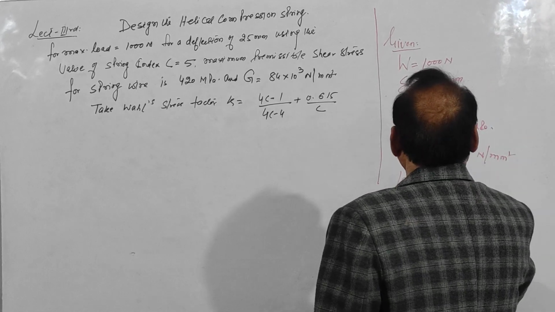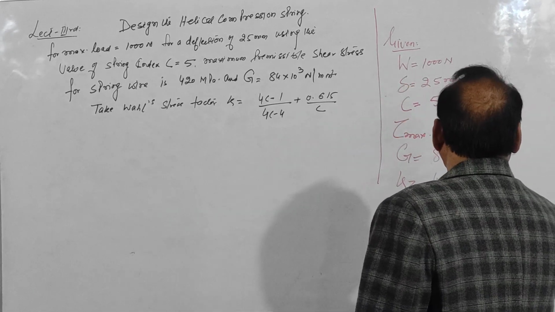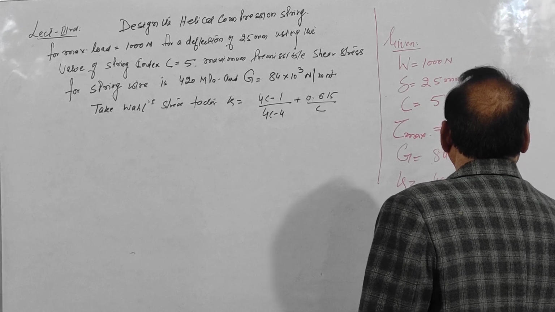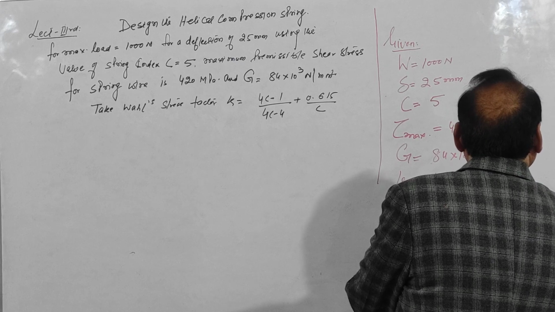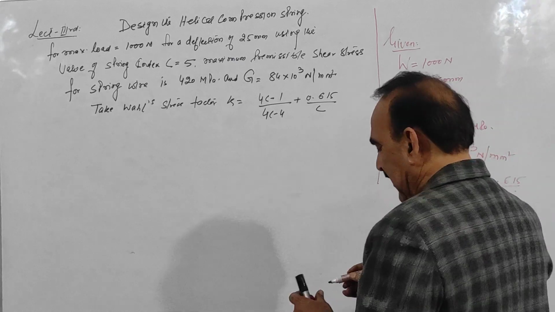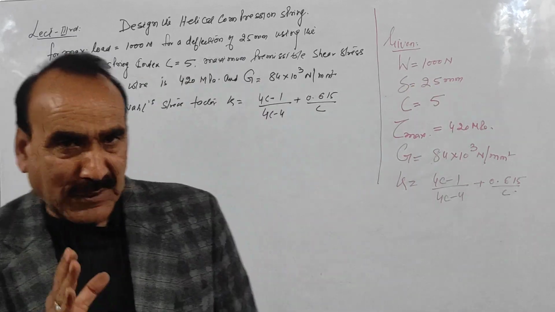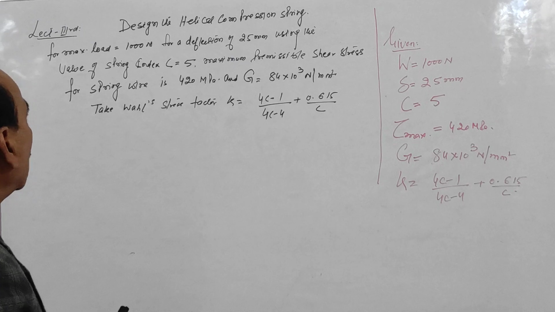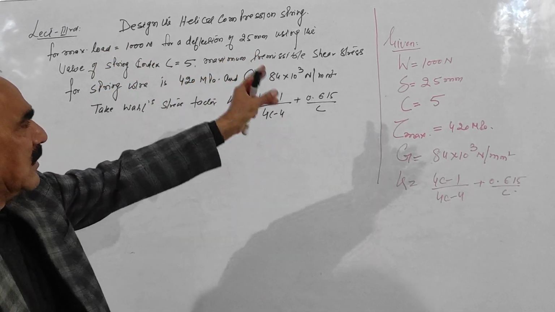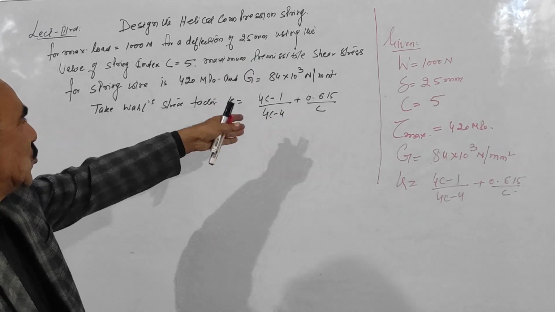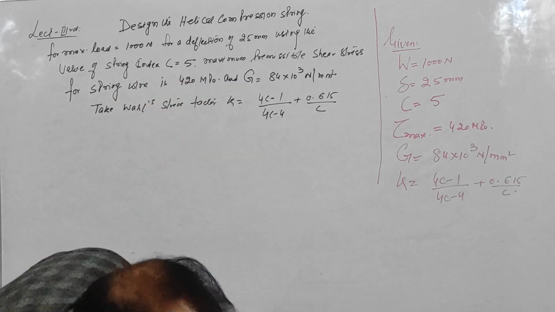Whereas the bend stress factor is given in the problem, so this is equal to (4C minus 1) upon (4C minus 4) plus 0.615 upon C. So these things are given to you. Now, first I will try to understand and explain this. You have to calculate the design. I think there is no need to write it down because I have taken all the values here. So for giving some space to write down here, I will just copy it off.